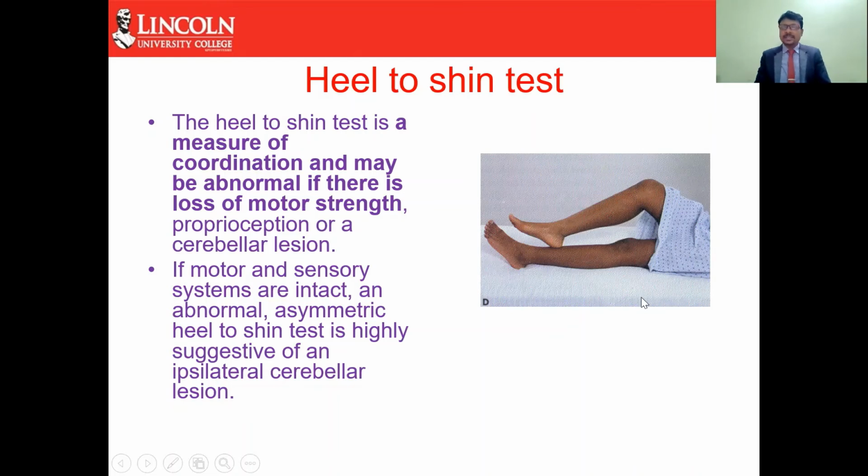it indicates an ipsilateral cerebellar lesion. Here I would like to explain one more important point. In the last class we also discussed the cerebrum. If there is damage in the right cerebral hemisphere, the symptoms happen on the left side of the body, because the right cerebral hemisphere controls the left side, and the left side of the brain controls the right side of the body.